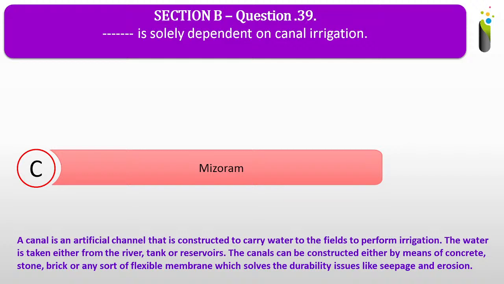The canals can be constructed either by means of concrete, stone, brick, or any sort of flexible membrane which solves the durability issues like seepage and erosion. And remember, it's Mizoram which is solely dependent on canal irrigation. So your answer for question number 39 is C.